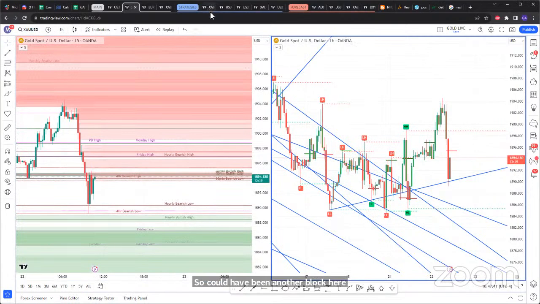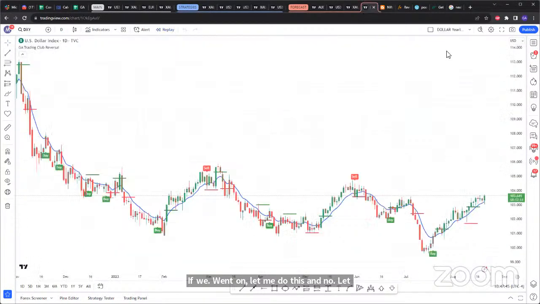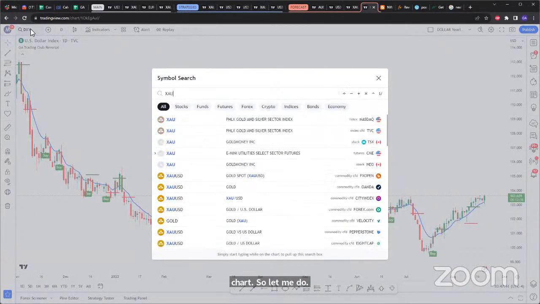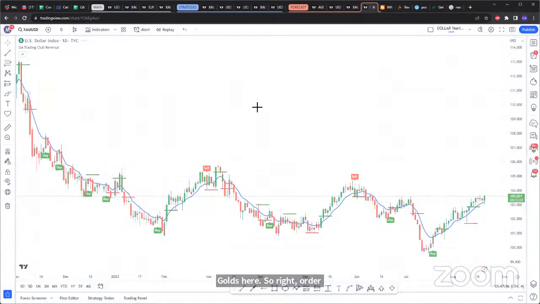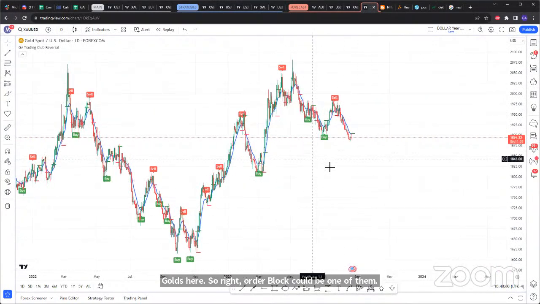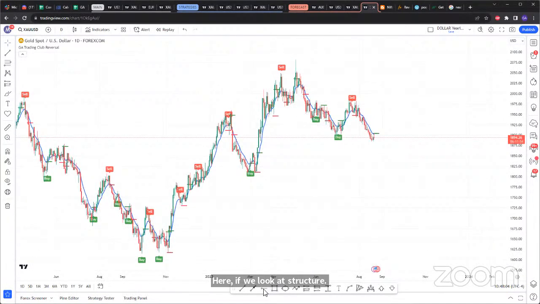Let me do a clean chart. Let me do gold here. So an order block could be one of them. If we look at structure, what we would want to see is some sort of support at this level.